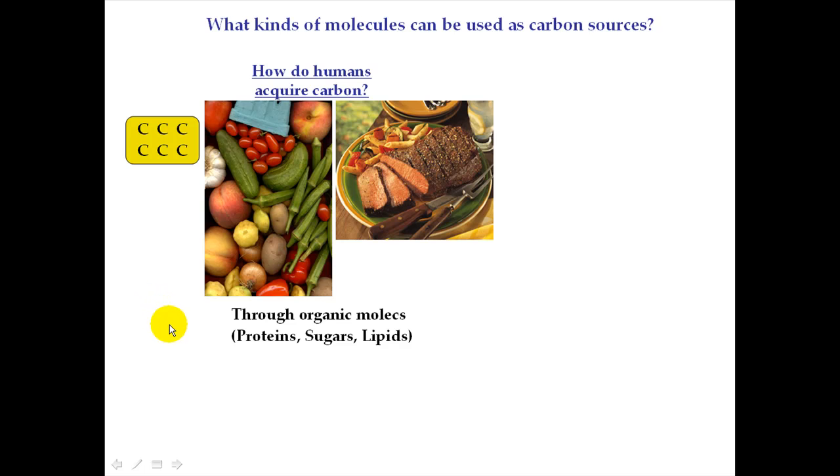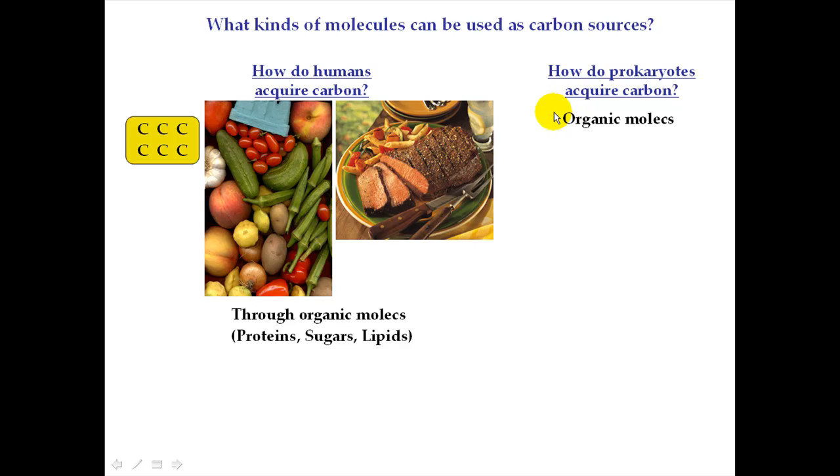It makes sense that we could get our carbon through these things, because they are chock full of carbons. If you compare how we get our carbons to the way that prokaryotes get theirs, prokaryotes are more diverse in their metabolism. Some prokaryotes, like us, get their carbons by taking in proteins and sugars and lipids, or just organic molecules.